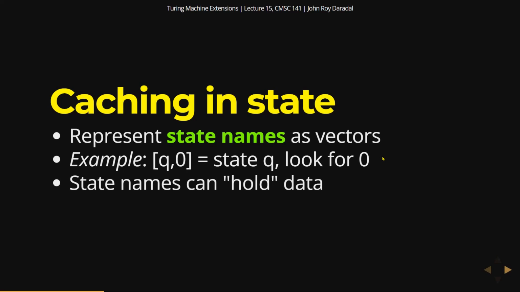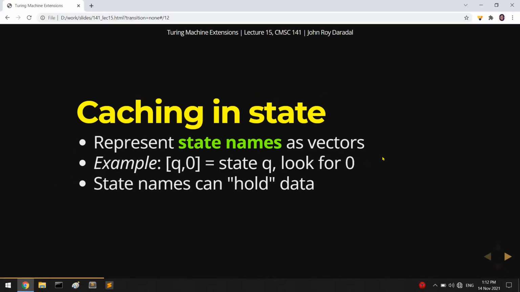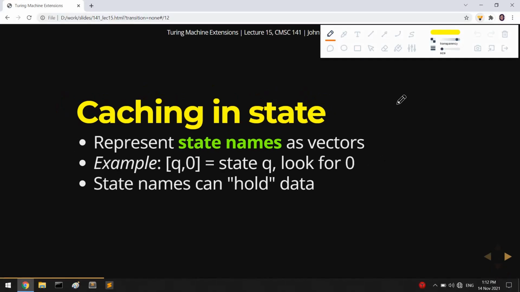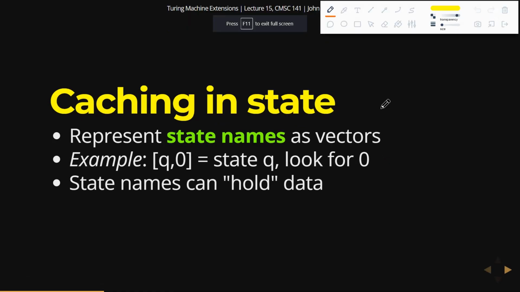So you make it appear as if the state names can hold data. And if you remember from our previous video, the third Turing machine had states like [Q, C], wherein this meant we're in the state of looking for C.